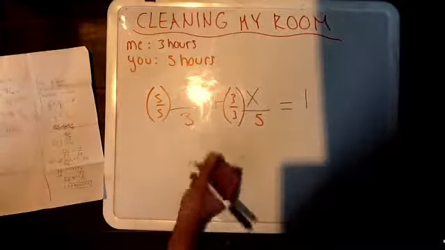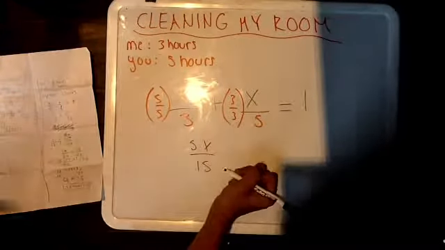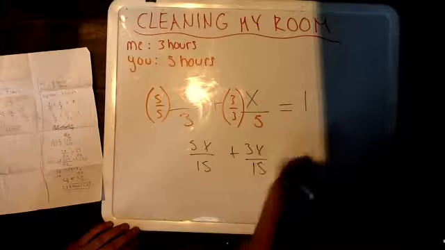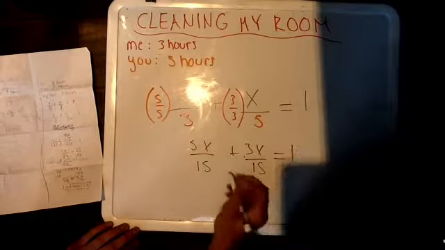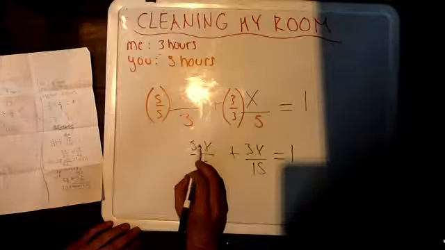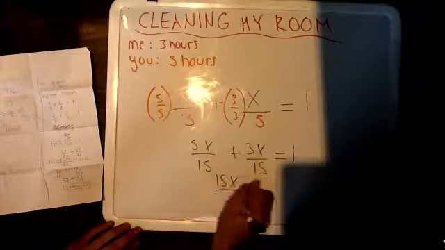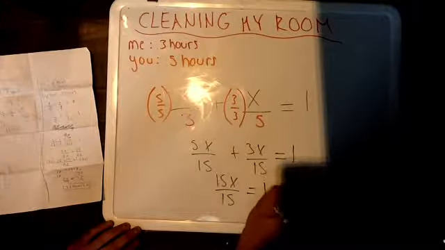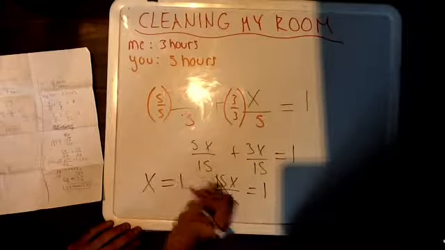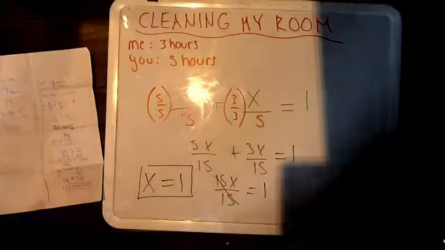Then you'd get 5x over 15 plus 3x over 15 is equal to 1. That's 8x over 15 equals 1.